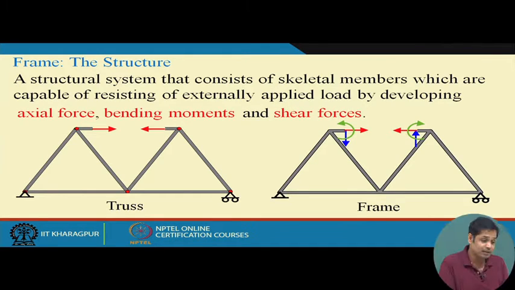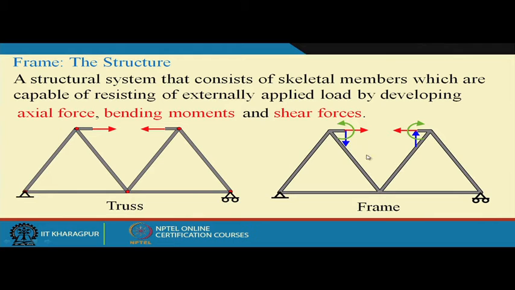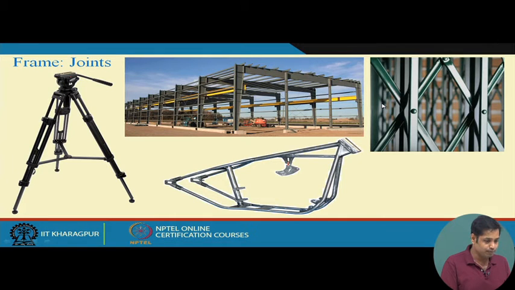But in case of frame, we will see that the axial force also plays a very important role, and along with bending moment and shear force diagram that we did for beam, we also need to draw axial force diagrams. Okay. Now let us make one important point.